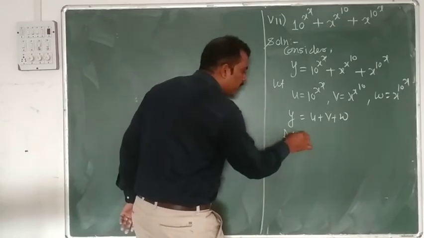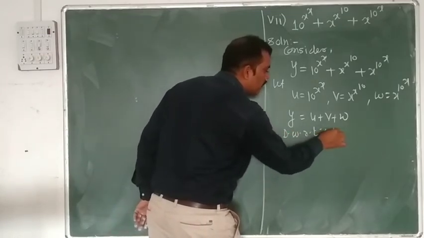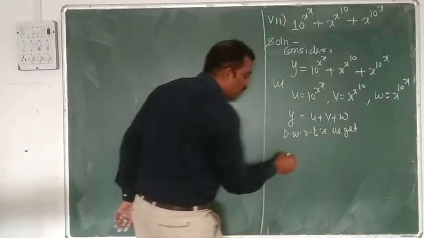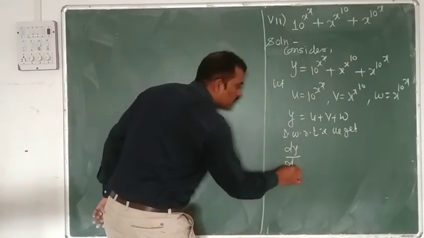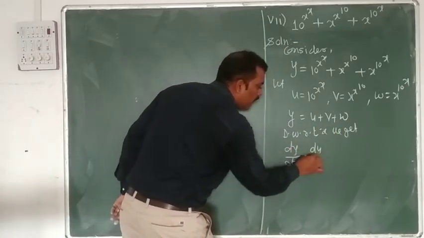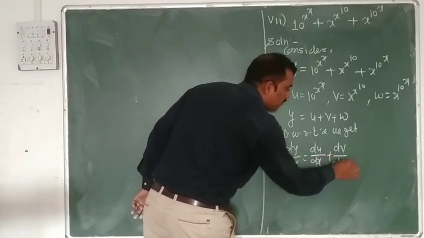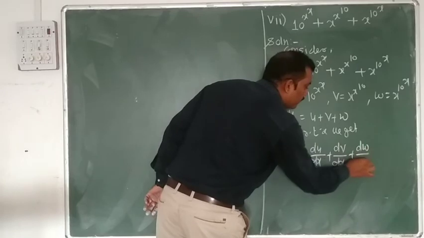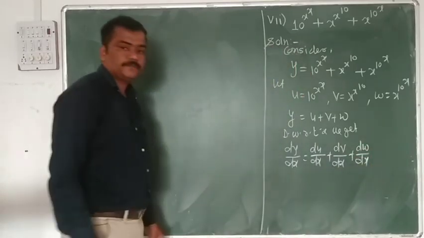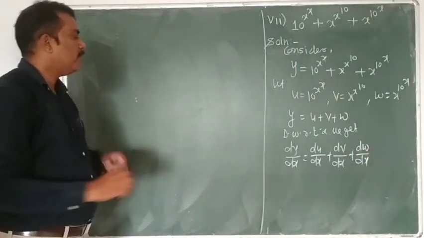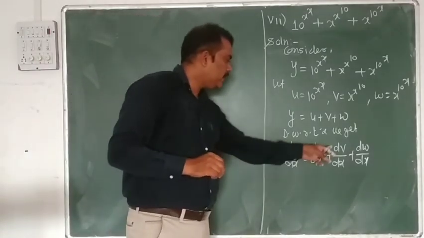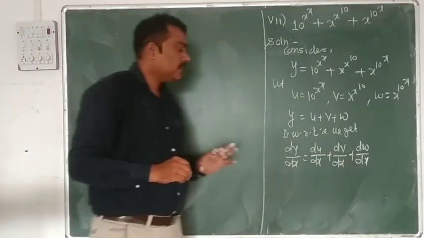Differentiate with respect to x, we get dy by dx is equal to du by dx plus dv by dx plus dw by dx. One by one we have to find the values of du by dx, dv by dx and dw by dx.